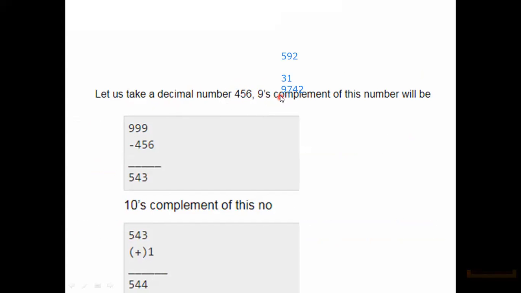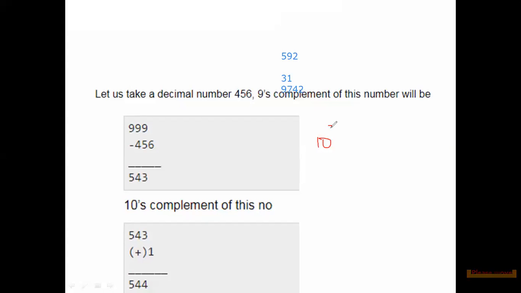We have to calculate the 9's complement of the number. How do we calculate the 9's complement? Look, 456: how many digits are there? 3 digits. So what do we subtract from? 10 power n minus 1.